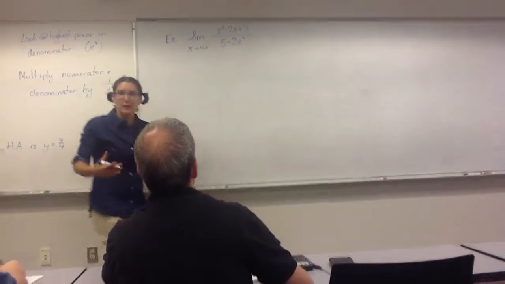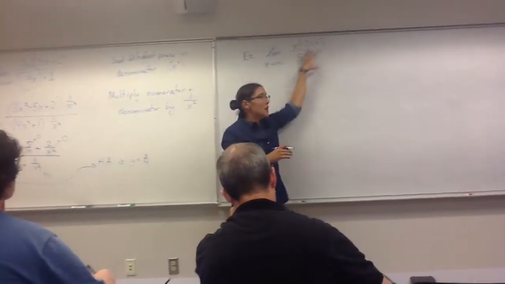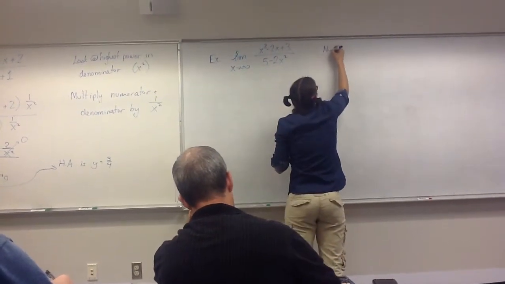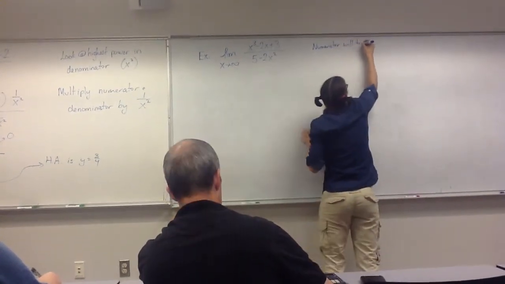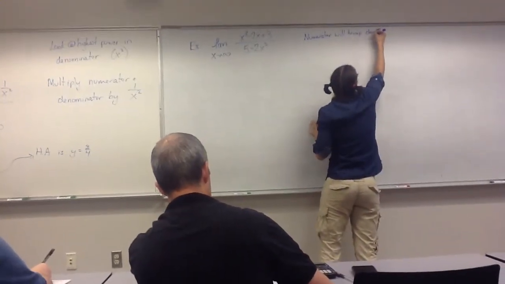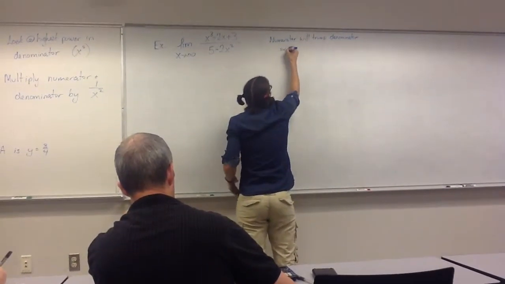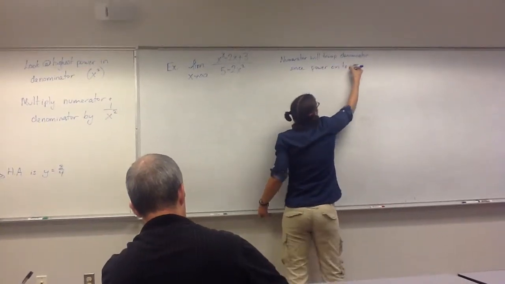So what I'm thinking here is that I'm expecting my overall function, my numerator, is going to trump the denominator, since the power on top is larger.